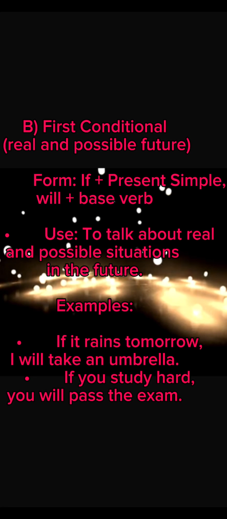For example, if it rains tomorrow, I will take an umbrella. If you study hard, you will pass the exam. Both of these sentences express future situations and future results.